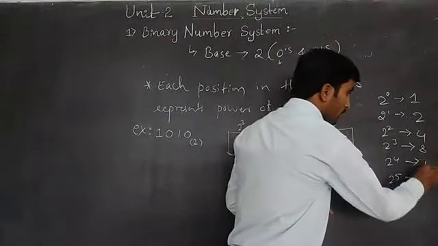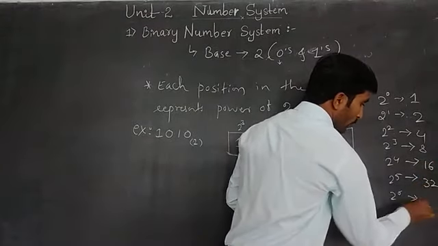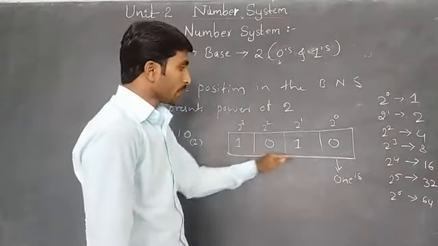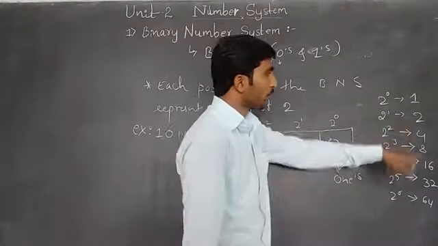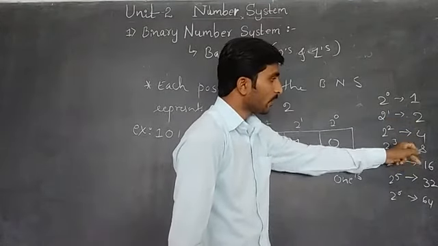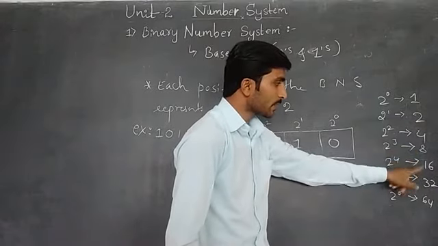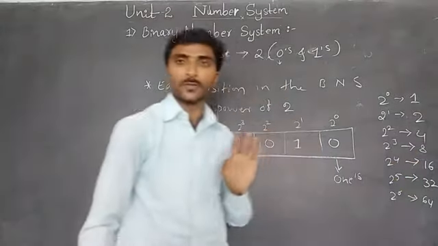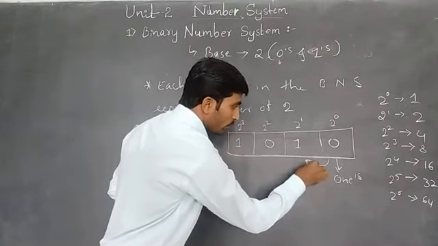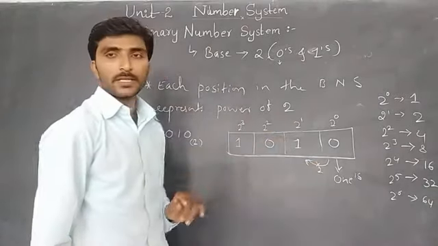2 to the 4 is 16, then 32, 64. See, assume every position is multiplied by 2. 1 into 2, 2; 2 into 2, 4; 4 into 2, 8; 8 into 2, 16; 16 into 2, 32; 32 into 2, 64. Because every position is multiplied by 2, that is the binary number system.